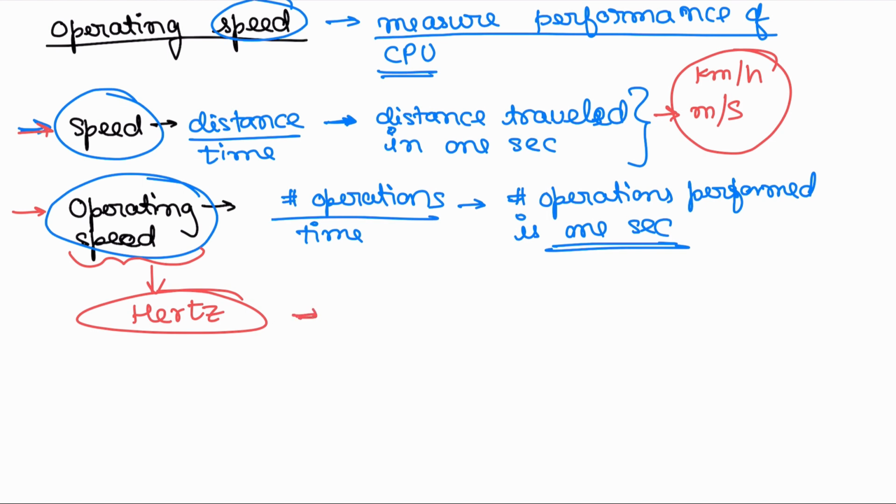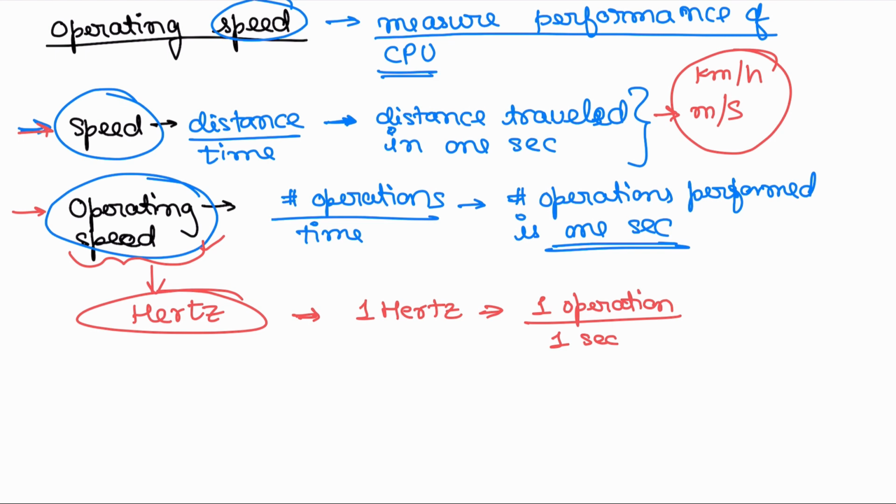If we have an operating speed of 1 hertz, that means 1 operation can be performed in 1 second. So yeah, this is operating speed. This is used to measure the performance of a CPU.